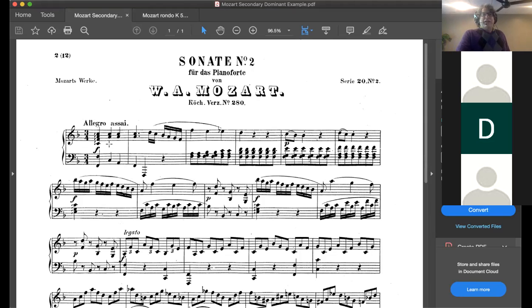So we're in the key of F major. You can tell because it's got 1 flat and it starts on an F major chord. So we're in the key of F major. Who wants to tell me where the secondary dominant is? Throw it in the chat.